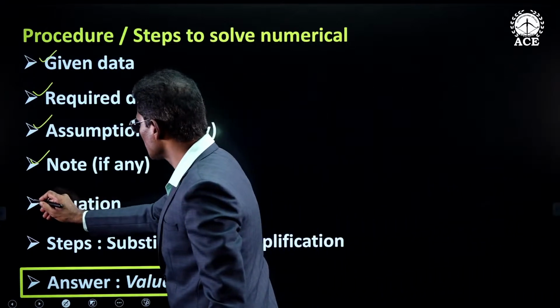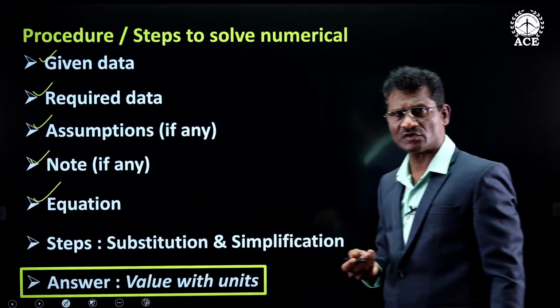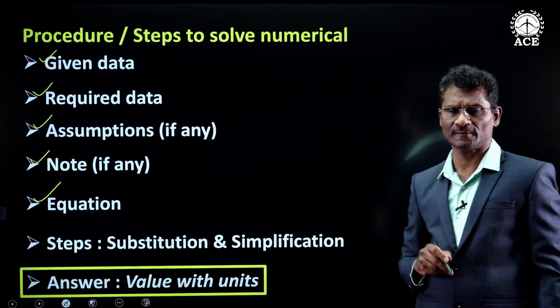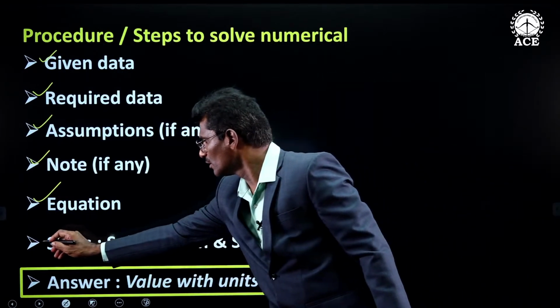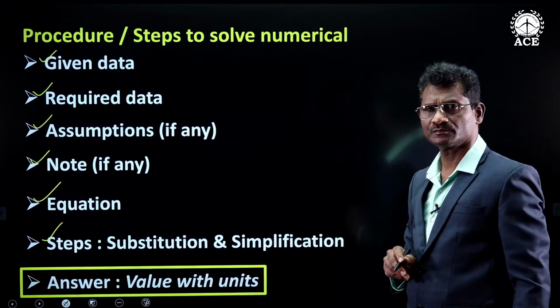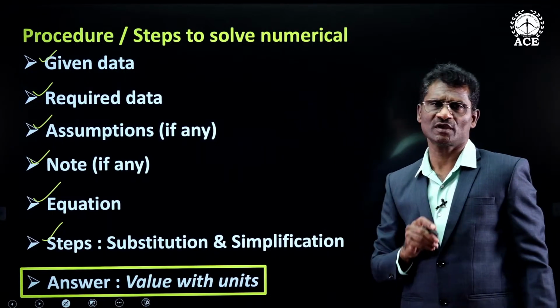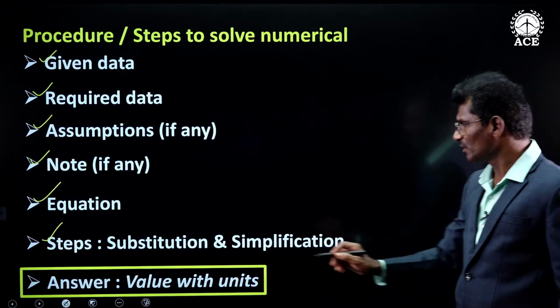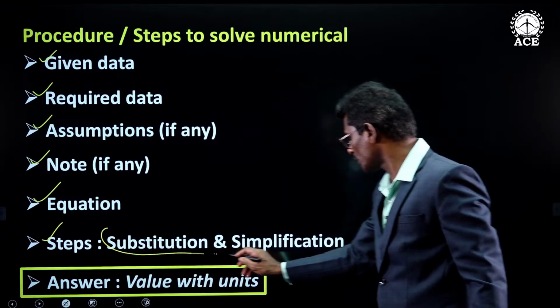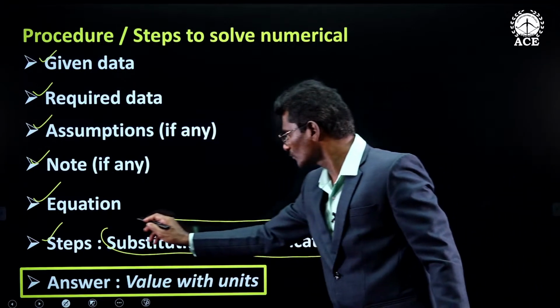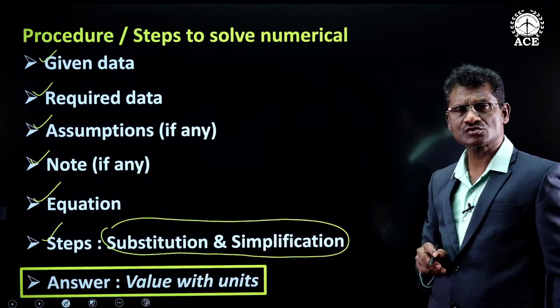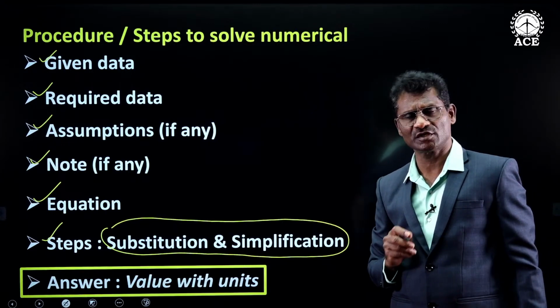Later on, write the equation whichever is required to solve the numerical, and then do the substitutions and simplification. Remember that this is very important. Most of the students will make a mistake of this nature.